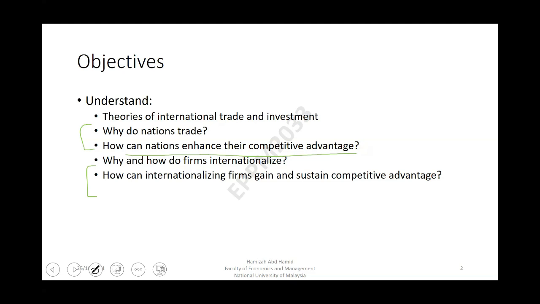Why, how firms internationalize, and if they have internationalized, how can they gain and sustain competitive advantage. So basically, understanding why, how nations trade, why, how firms internationalize.